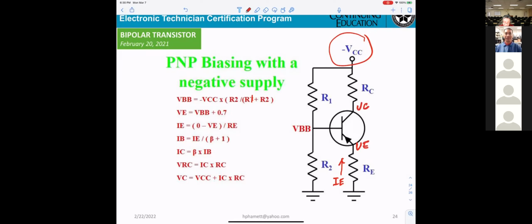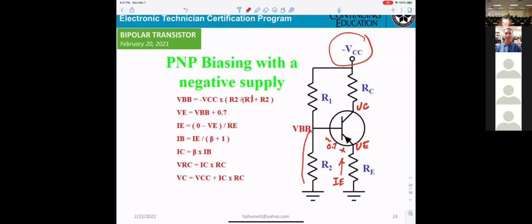So now, to calculate VE, we already know VBB. VE equals VBB plus 0.7. This is the positive here, minus here. From here to here, that's what you get, VBB.